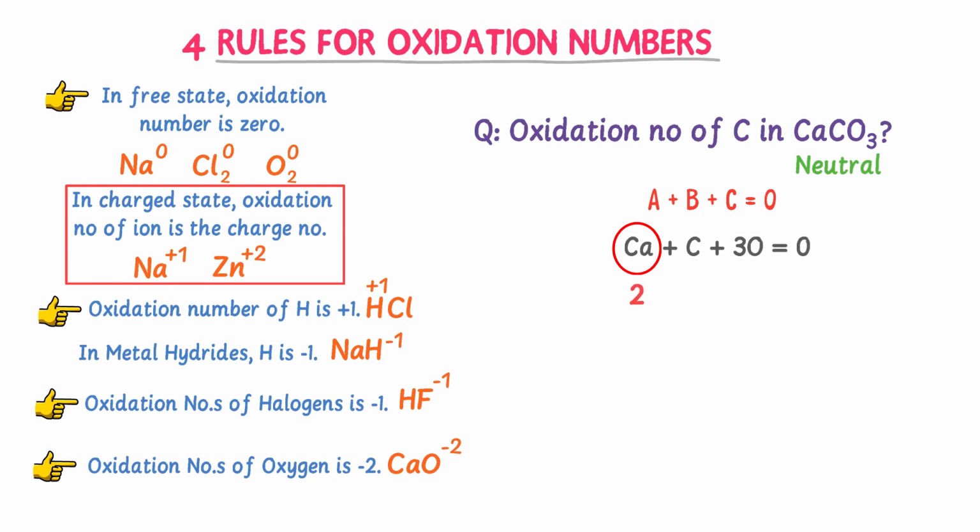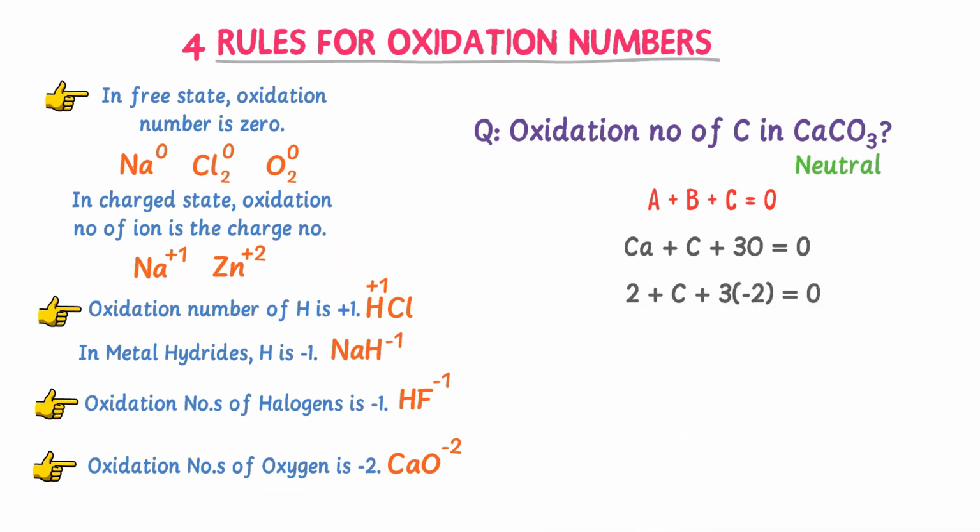So the oxidation number of calcium is +2, and we know that the oxidation number of oxygen is -2. Hence I write 2 plus carbon plus 3 into -2 is equal to 0. Or 2 plus carbon minus 6 is equal to 0, or carbon is equal to +4. Thus, the oxidation state of carbon in calcium carbonate is +4.